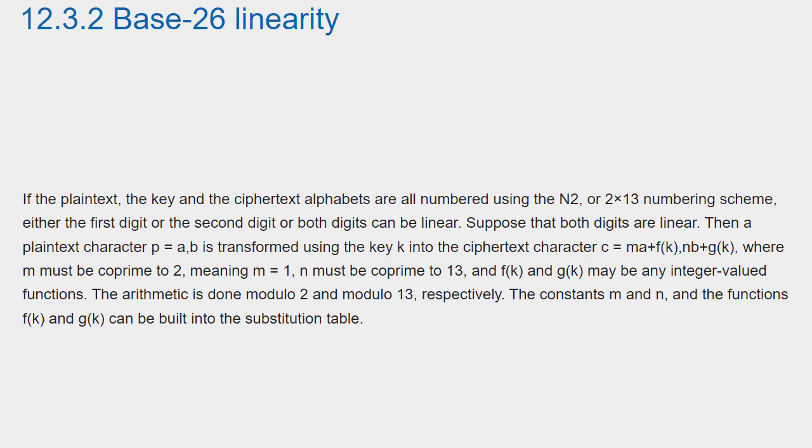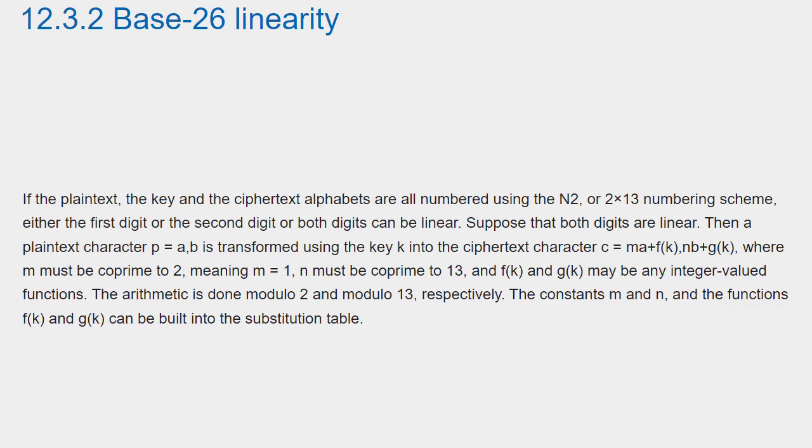If the plaintext, the key and the ciphertext alphabets are all numbered using the N2, or 2 times 13, numbering scheme, either the first digit or the second digit or both digits can be linear. Suppose that both digits are linear.